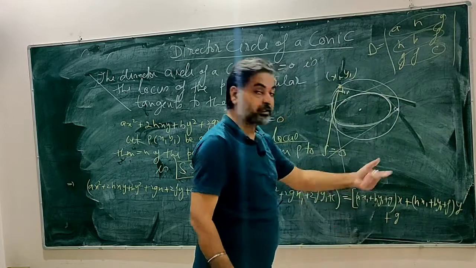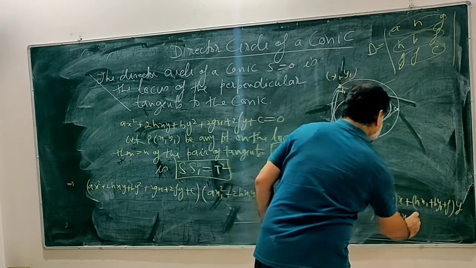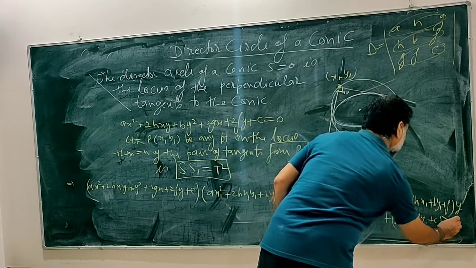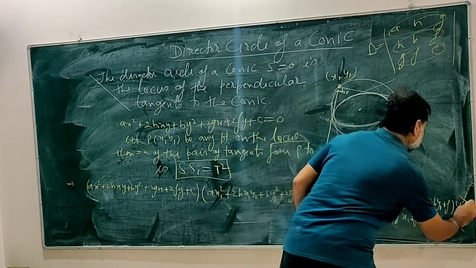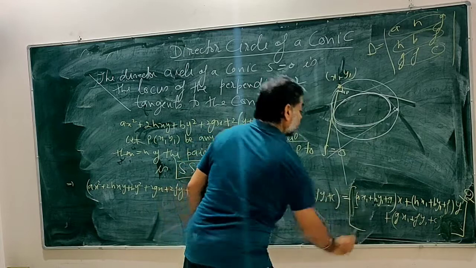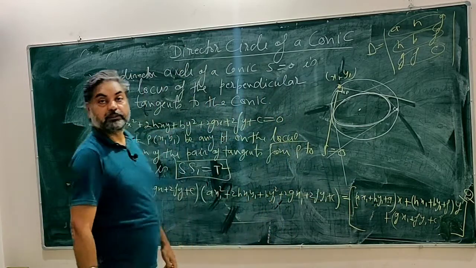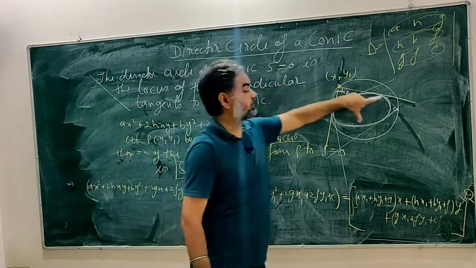Using the three rows you can write the equation of the tangent. So SS1 is equal to T square. This gives us the joint equation of these two tangents.